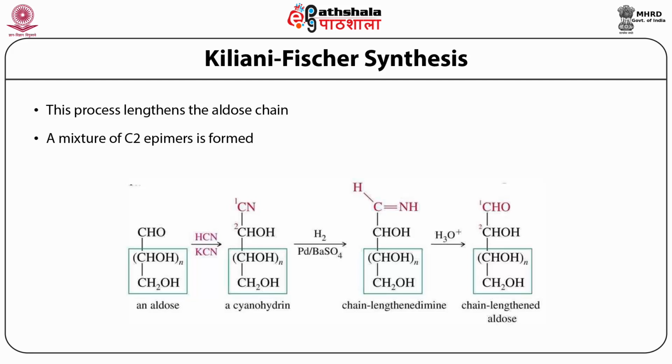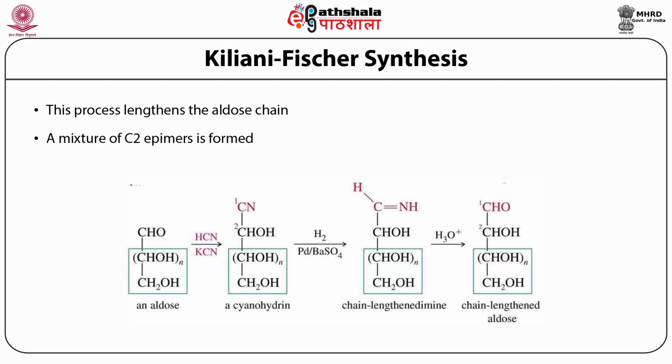Kiliani, when he went through the synthesis process, hydrolyzed the cyanohydrin to aldonic acid, and Fischer had previously developed a method to convert aldonic acid to aldoses. This reaction sequence was used for many years, but the method that is currently employed to convert the cyanohydrins to aldoses was modified by Serianni and Barker in 1979, and it is referred to as the modified Kiliani-Fischer synthesis.